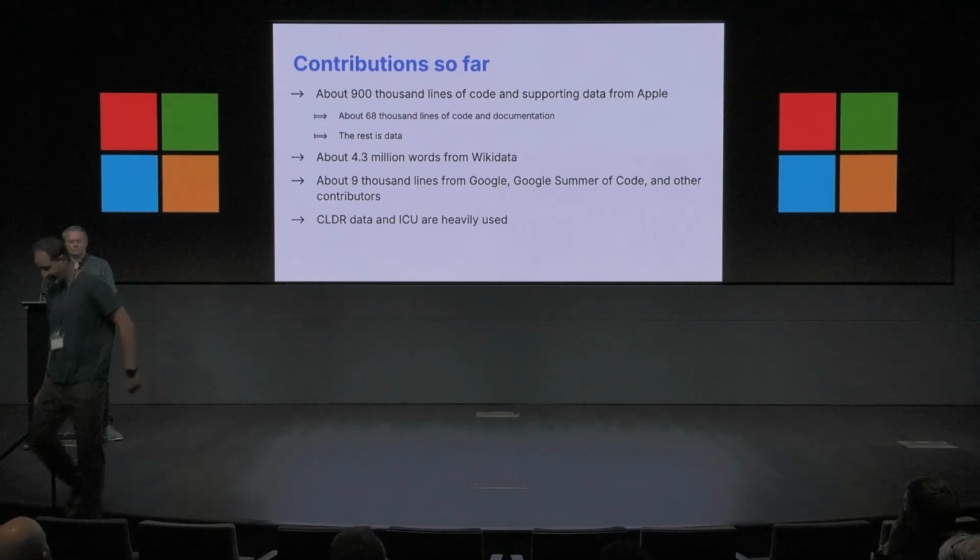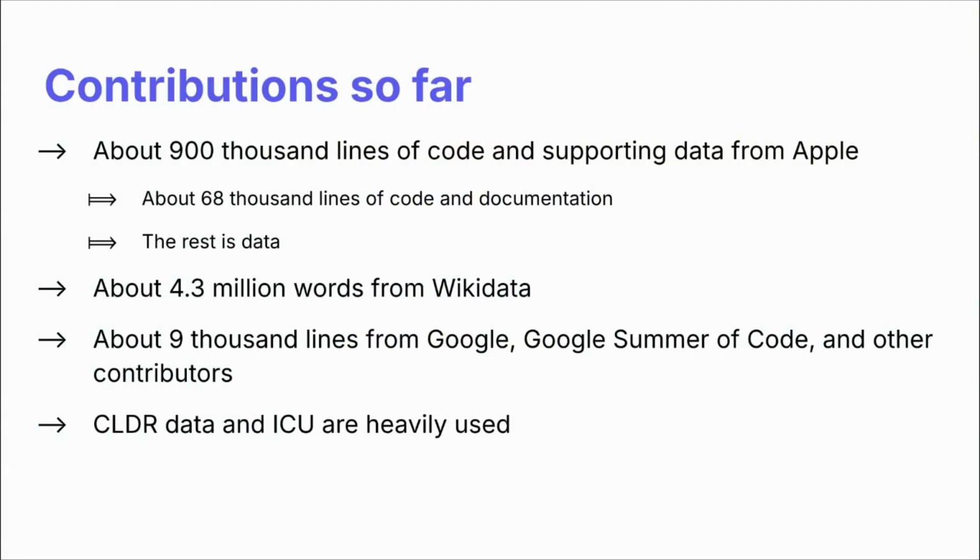Hello. So as part of the contributions from Apple, there were approximately 900,000 lines of code and supporting data. About 68,000 was code and documentation. Most of the rest was data, supporting that Finnish example earlier, where you had a compound word and you needed to decompound it and inflect only part of the word.